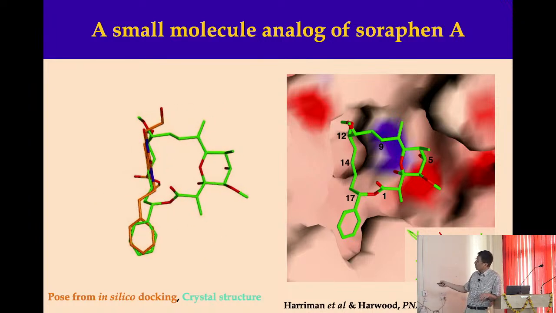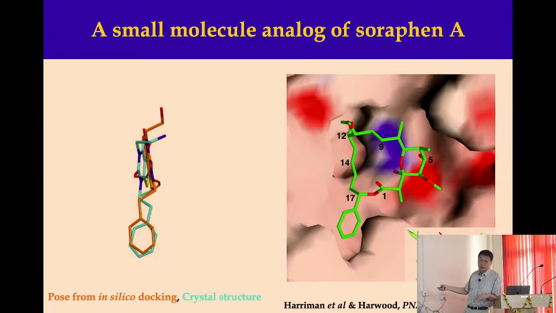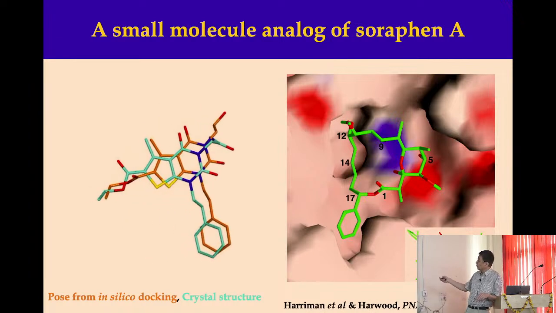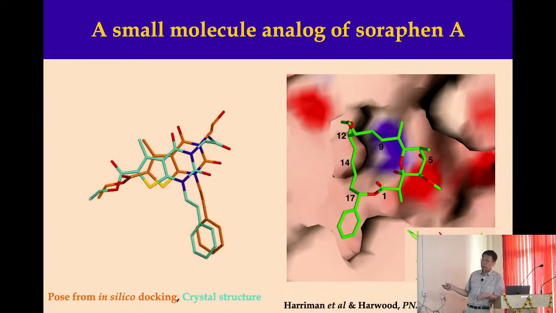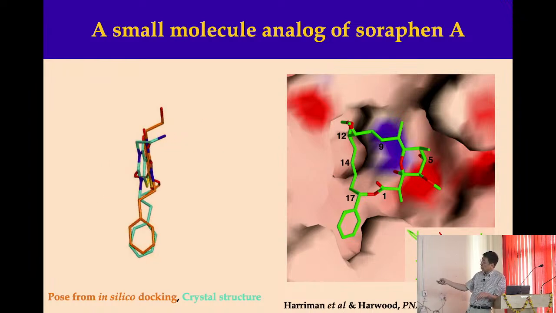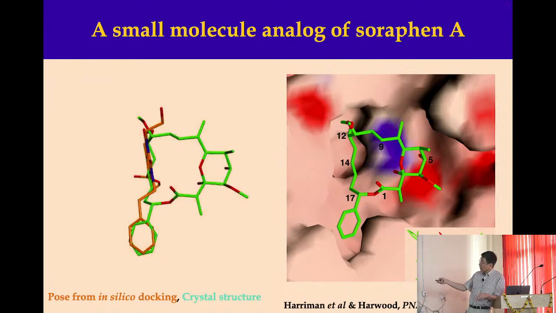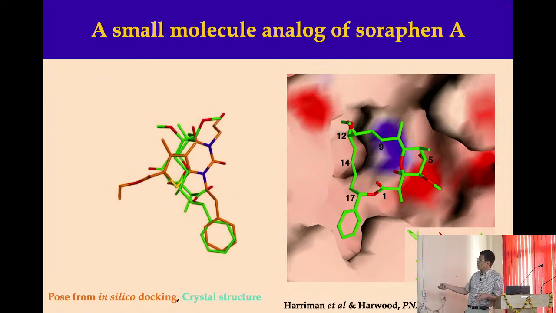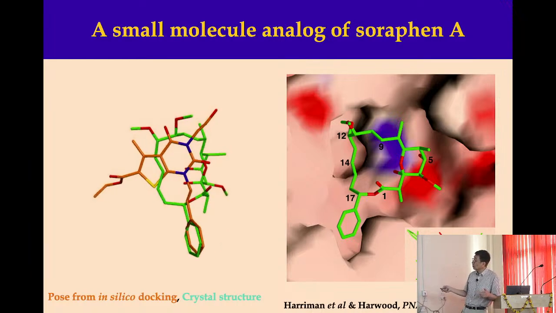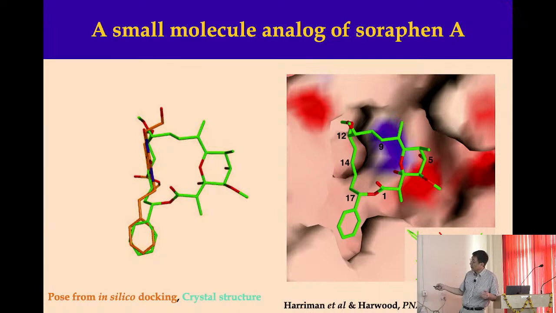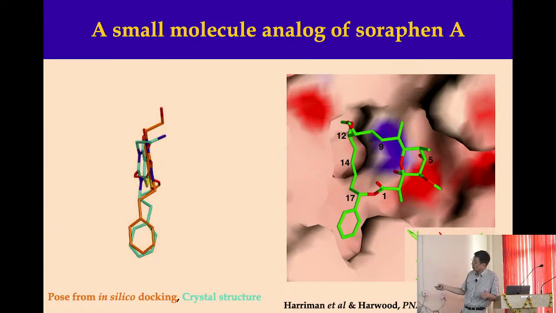Basically it uses this pocket right there, keeping the phenyl ring, and the rest of soraphen A is ignored. So the compound basically binds right here, as you see. And then the similar compound we determined using crystallography is shown in cyan, coming out right here.